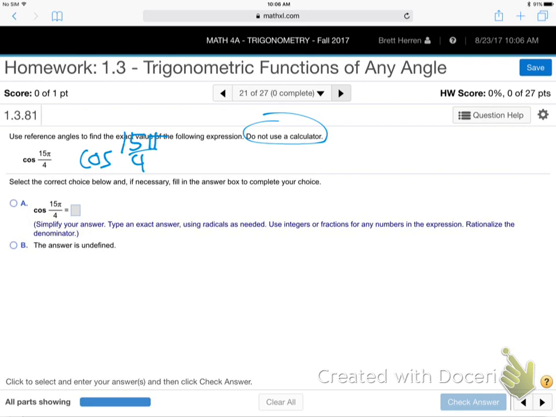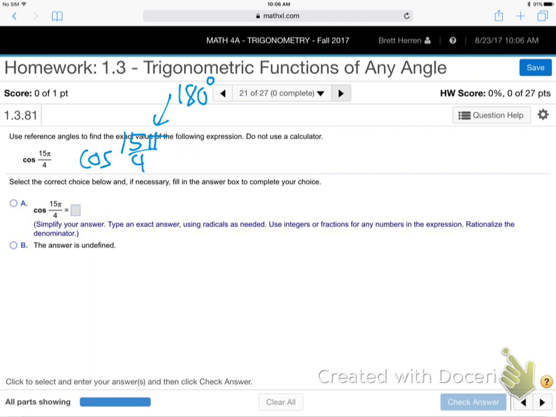You're going to have to be able to convert that to degrees without a calculator. A little bit of adding, subtracting, multiplying, dividing. It's a little messy. Yeah, it's going to be 3 pi over 4. But anyway, I think it's probably easier just to go to degrees. So I'll just go to degrees with you.